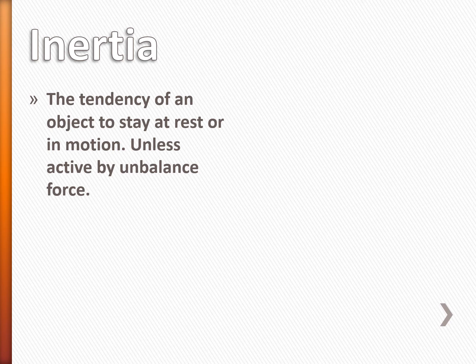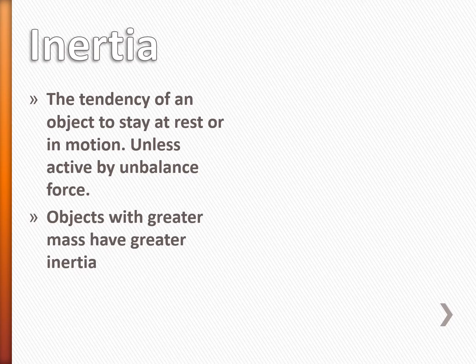So a moving object will keep on moving unless an unbalanced force slows down or stops it. An object at rest will stay at rest. It will not move if there is no unbalanced force that will make the object start moving. That is the law of inertia. So objects with greater mass have greater inertia.